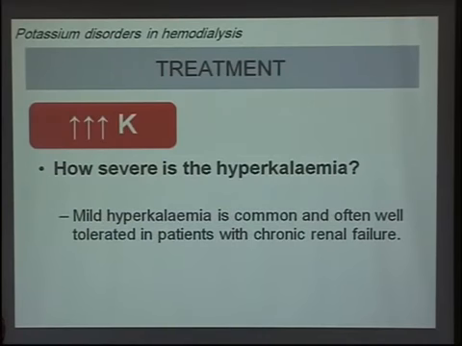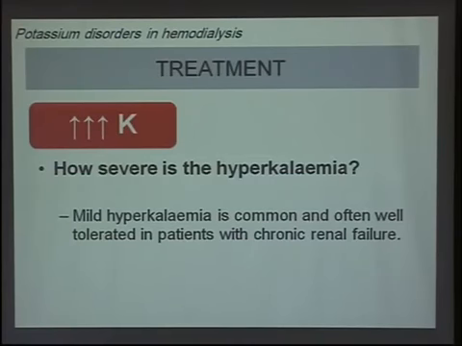However, we have to consider that mild hyperkalemia is common and often well tolerated in patients with chronic renal failure. So it is not uncommon to see my dialysis patients coming with potassium like 5.5 and 6 and 6.2 without any symptoms. So here this should be considered.